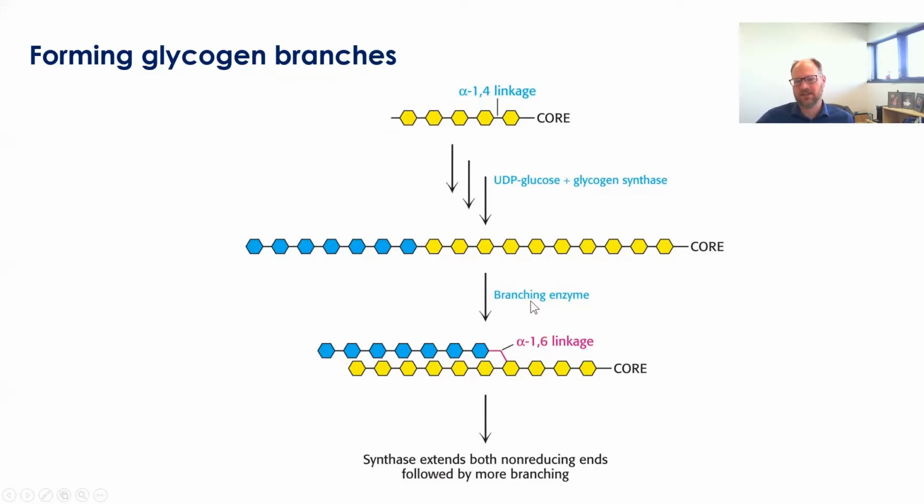That branching enzyme is what gives us this very complex structure. It also allows the glycogen to be synthesized faster than the rate of a single glycogen synthase enzyme, right? So for the same reasons that we keep it branched, we can synthesize the glycogen faster and we can break it down faster. And this branching enzyme is what creates that structure.